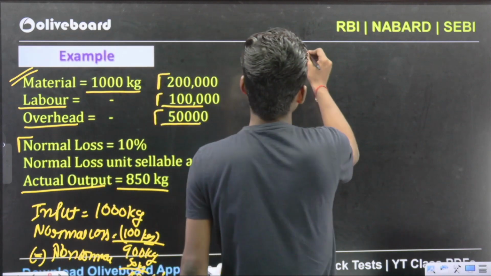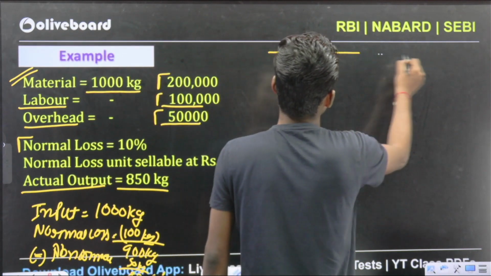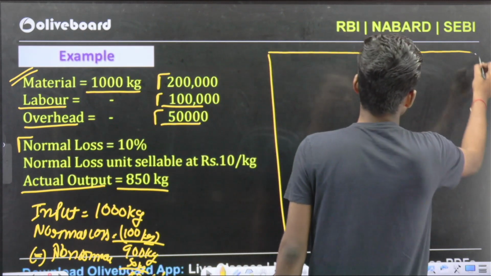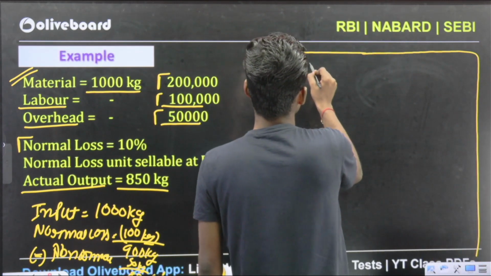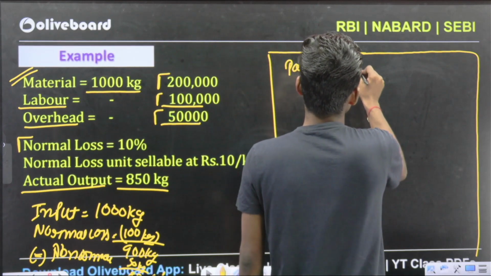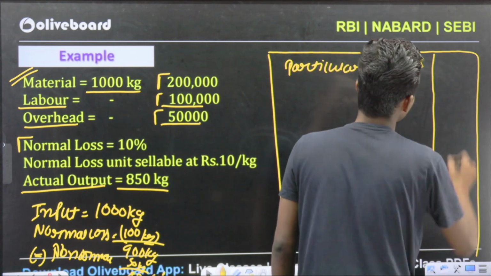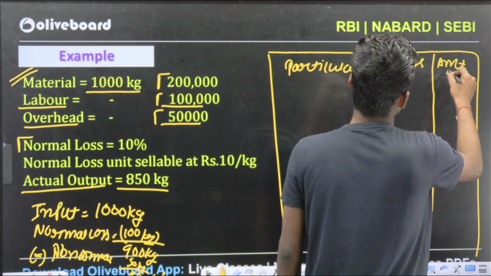Similarly, you have to prepare the account like we prepared in the previous slides. Same as we prepared here, the particulars. We are also adding the units column, and after that the amounts column over here.